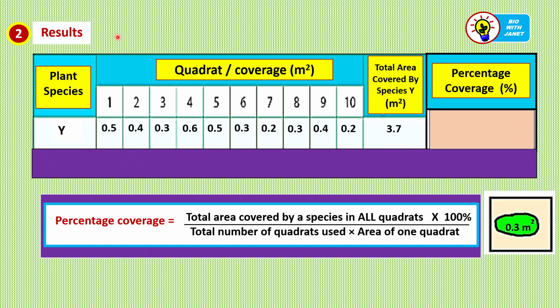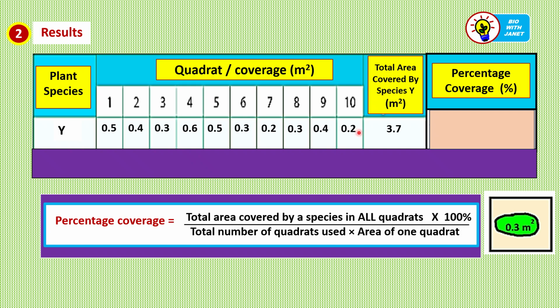Right, so now let's look at the tabulation of the data and then also how to calculate the percentage coverage. So for plant species Y, the quadrat is shown here, and then the coverage is below, all the values here. For example, quadrat 1, there's an area of 0.5 meters squared that's covered by the plant, right?